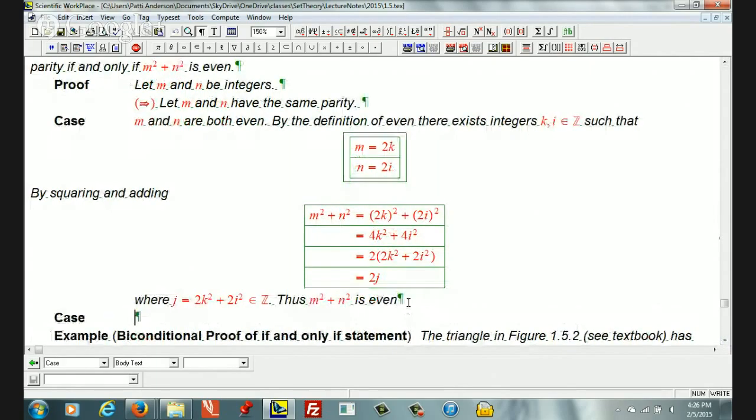What's the second case? Then what should we do? By definition of odd, there exist integers. What do you want to call them? Lambda.